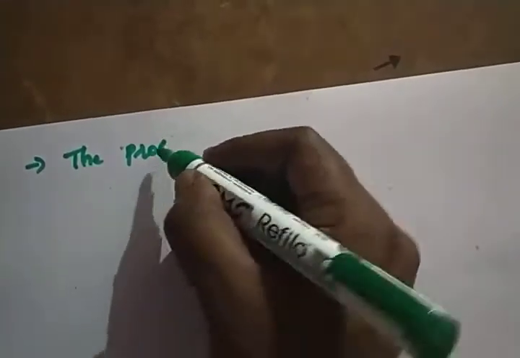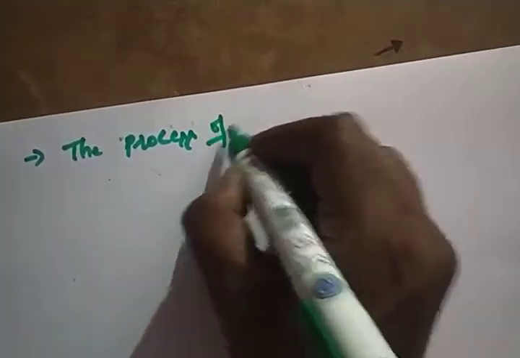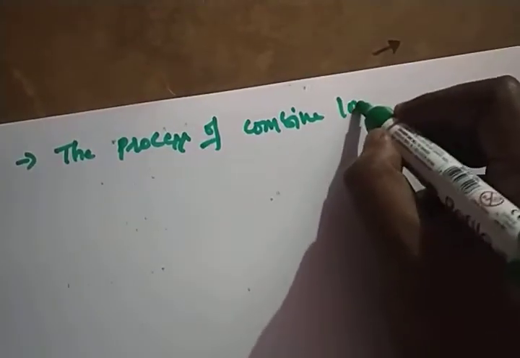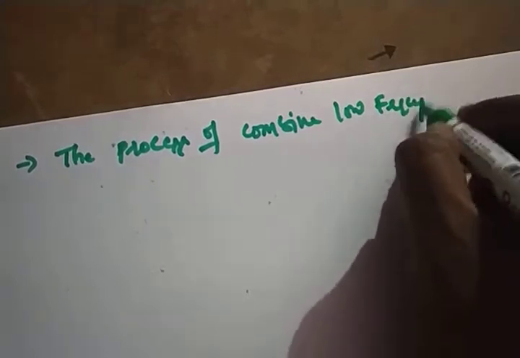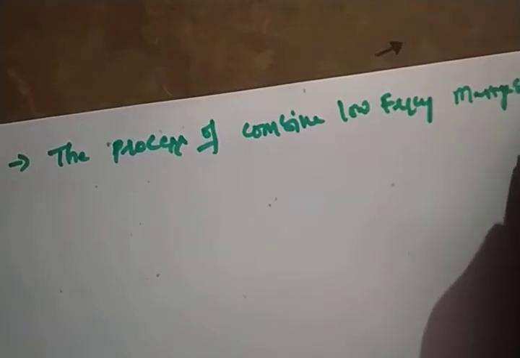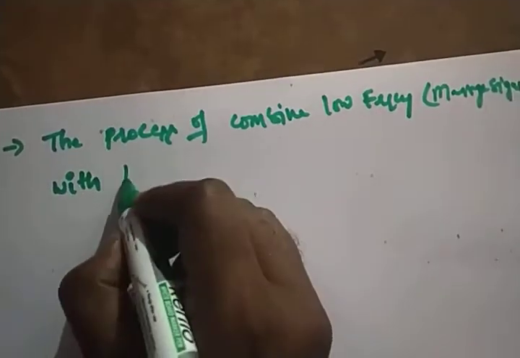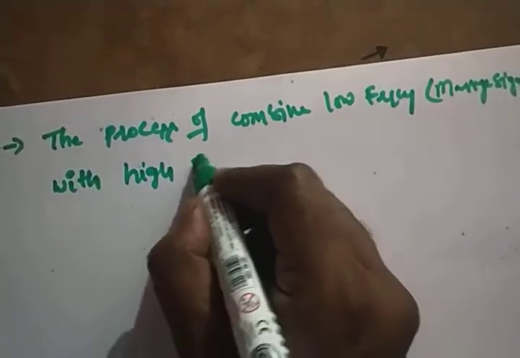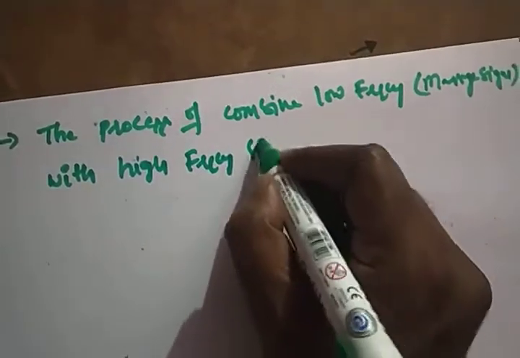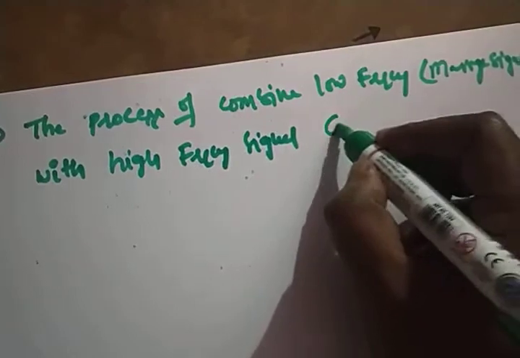So the process of combining a low frequency signal, that is called a message signal, that means my input signal. What is a message signal? Voice signal, right? With a high frequency signal, so that we can call it a carrier signal.